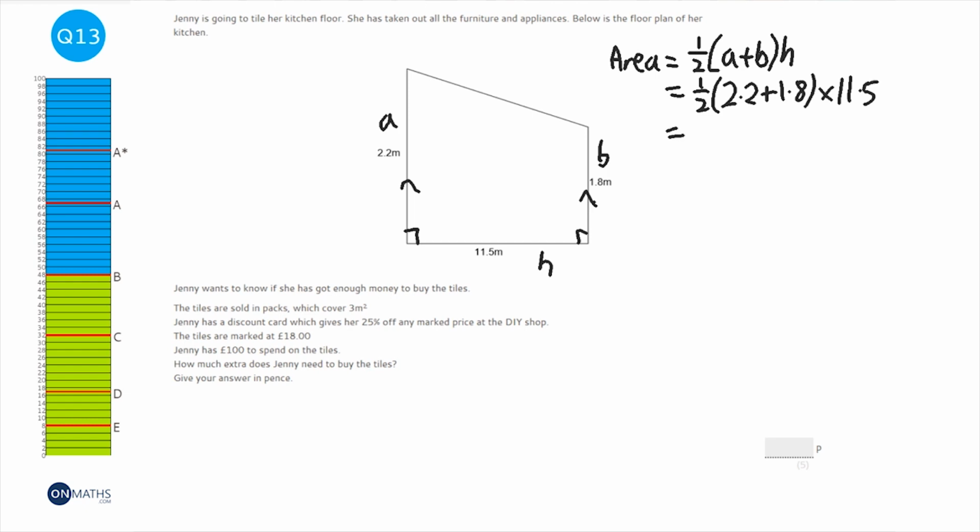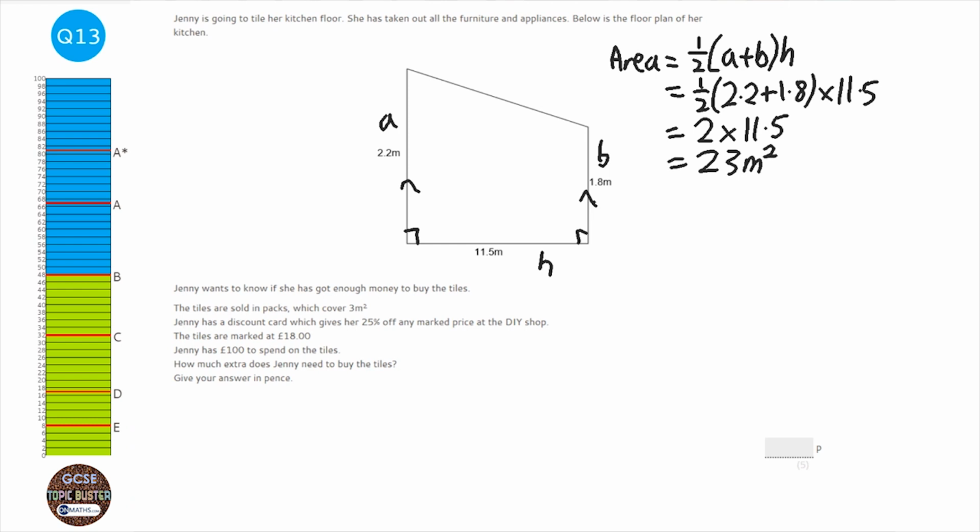So 2.2 plus 1.8 is 4, and half of 4 is 2. 2 times 11.5 is 23. So it's 23 meters squared.